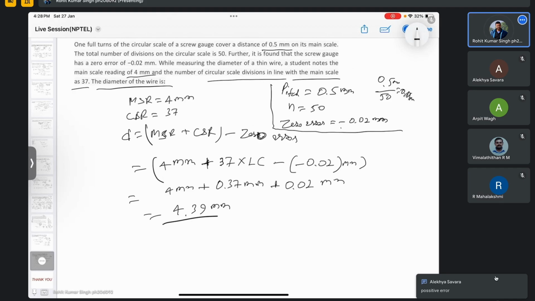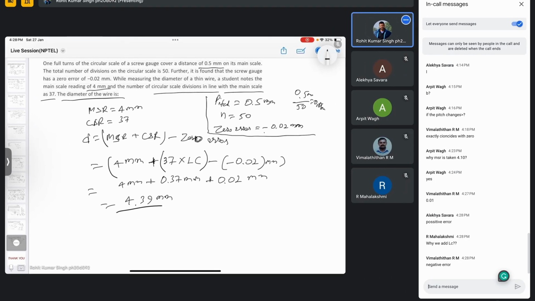Okay. Bimal says negative error, Lekhya says positive error. Anyone else has any opinion? We don't add the least count. We multiplied it with the circular scale reading.